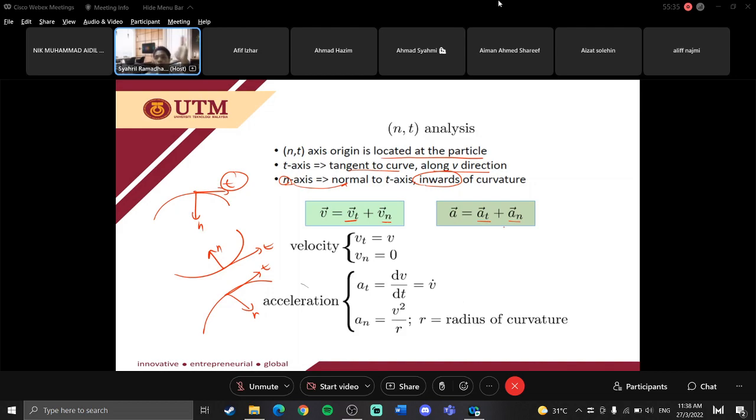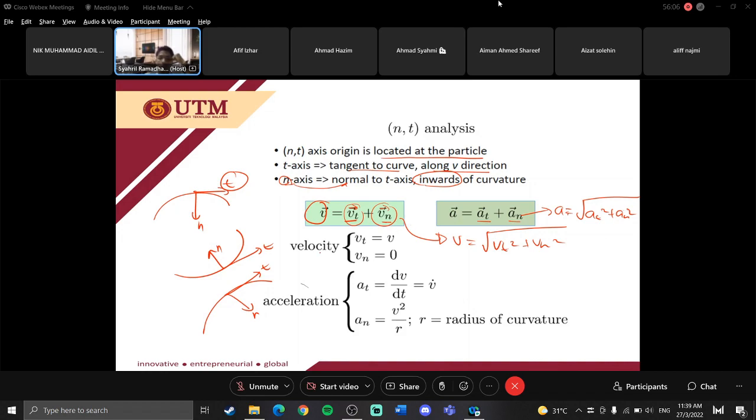So when you want to find the total velocity, you cannot directly add the magnitudes together. This is a vector, that's why we have the arrow here. If you want to determine this velocity, it should be in terms of the square root of vt squared plus vn squared. For acceleration, it should be the square root of at squared plus an squared, because it's a vector.